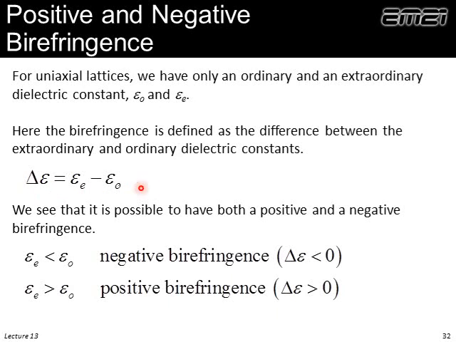And this gives us a measure of how much birefringence, how much anisotropy this particular metamaterial will give us. And because we're subtracting 2 things, it turns out we could have negative or positive birefringence. Usually the extraordinary is bigger than the ordinary, but that doesn't have to be the case. We can turn that around and we'll see that on the next slide.